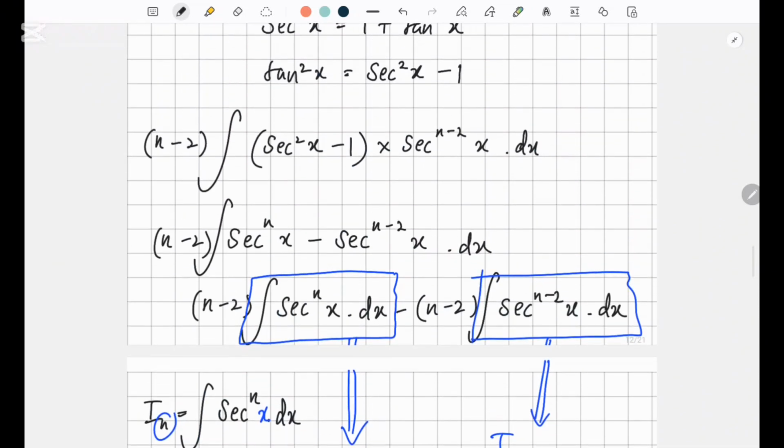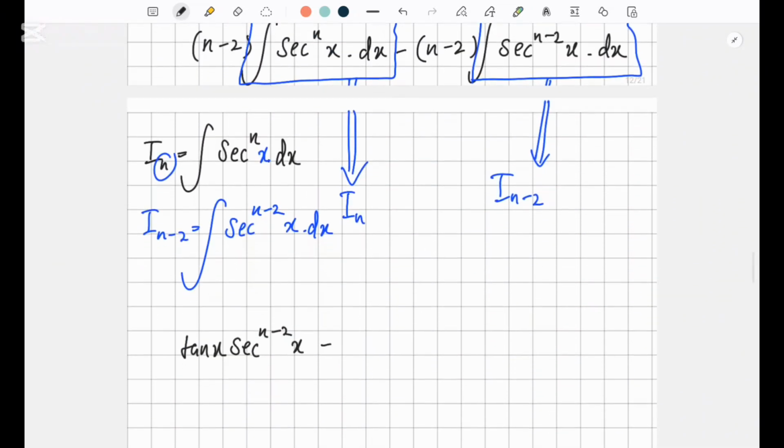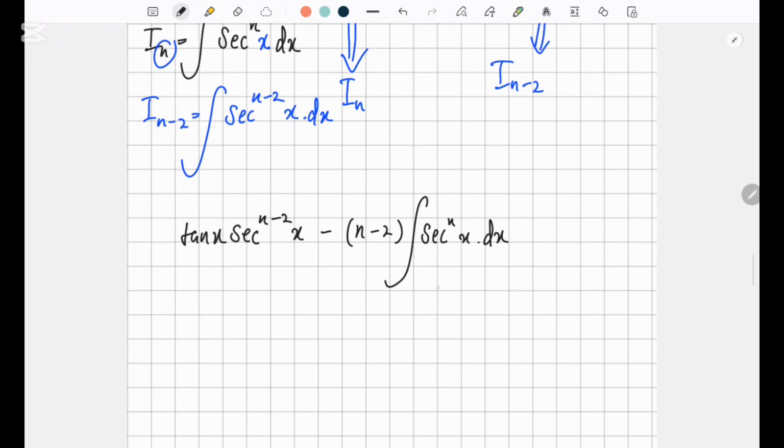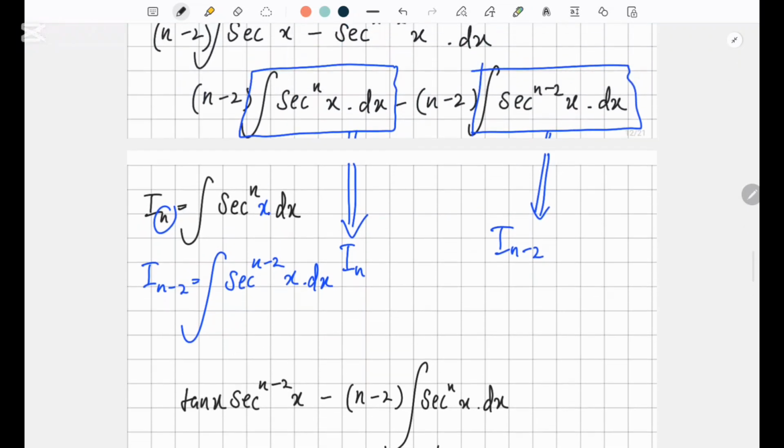Minus the integration of, so (n minus 2), let me just write it again so you guys get it. Here we had minus, but it's going to be plus because we are multiplying everything by minus now, right? So plus (n minus 2) into the integration of sec x to the power n minus 2. Right? This is what we have.